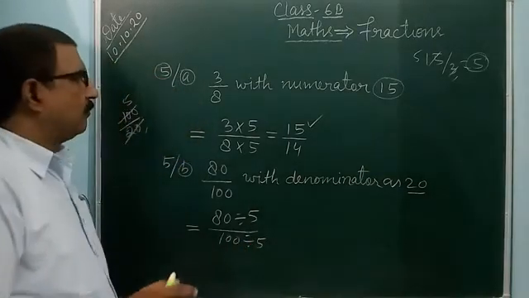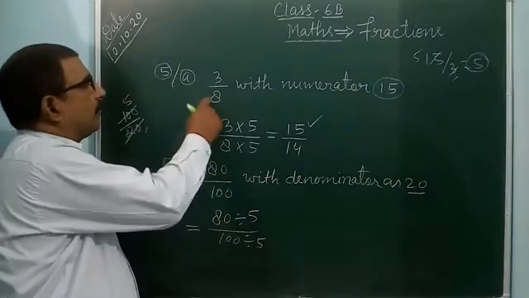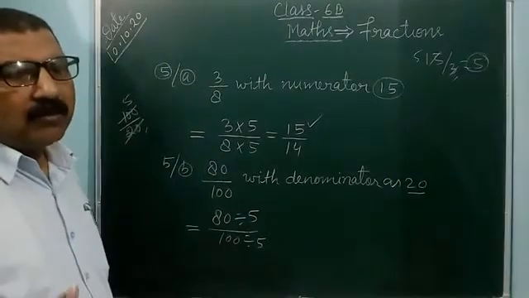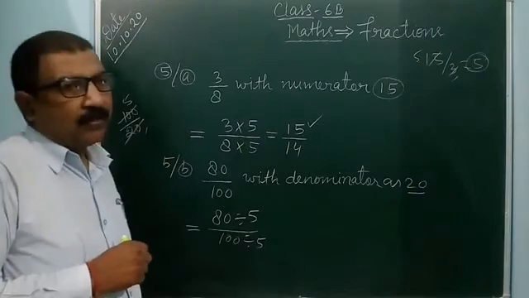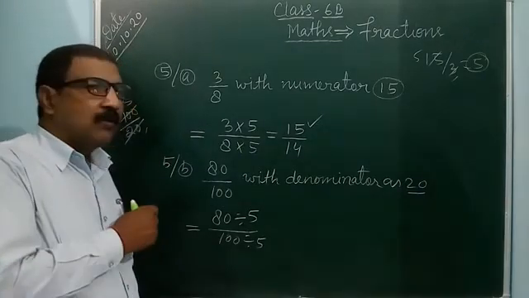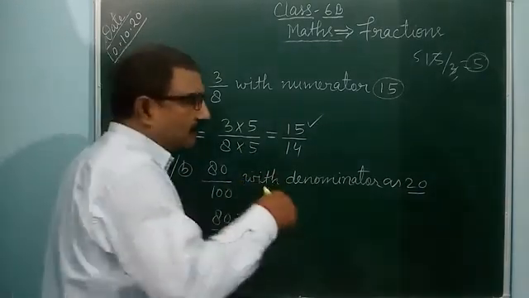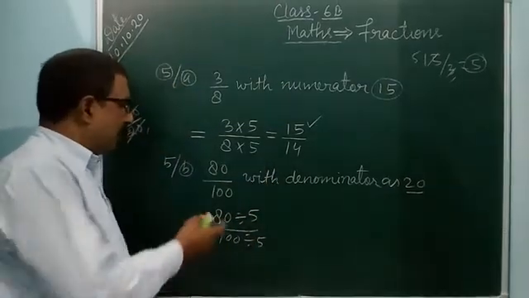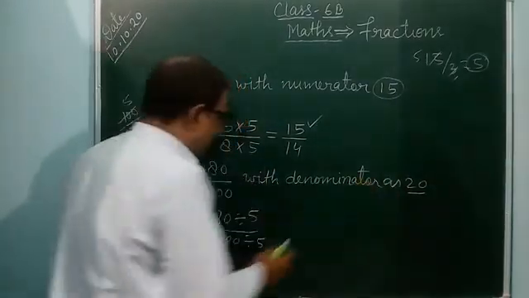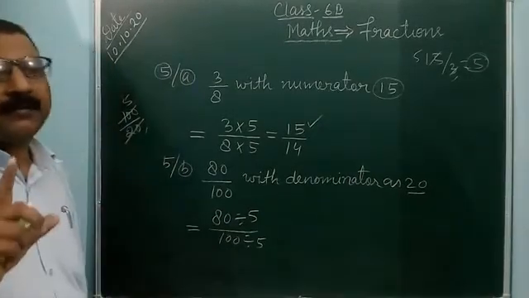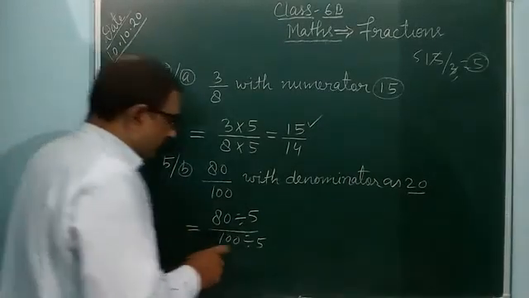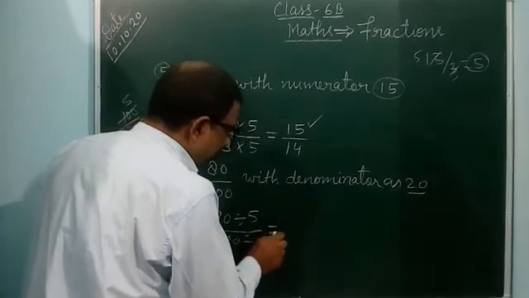If you have a smaller numerator or denominator and you need a larger one, you multiply. And if you have a larger one and are asked for a smaller numerator or denominator, like here asking denominator 20 but given 100, you always divide, because then you can get the smaller denominator.